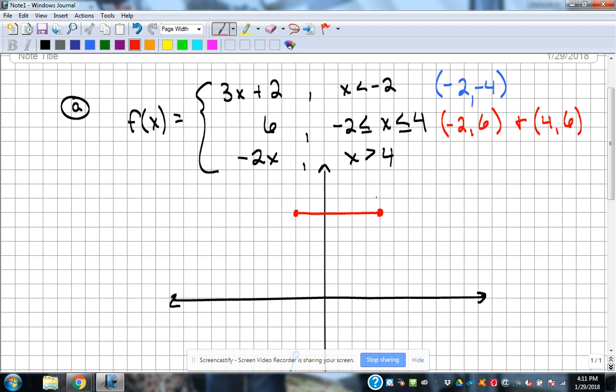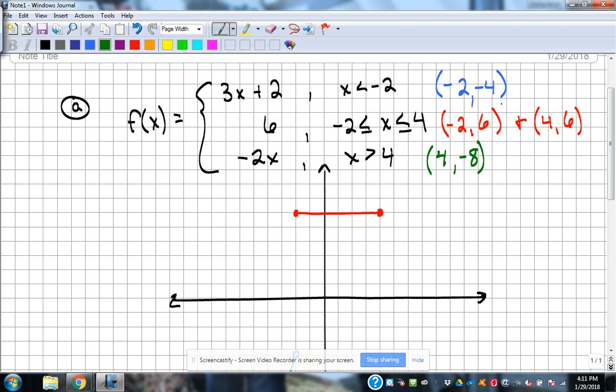Then part 3, where's the important point going to happen there? Well, that's at 4 on the x-axis. So the y value we need to find using negative 2x. So 4 plugged in there, negative 2 times 4 would be negative 8.